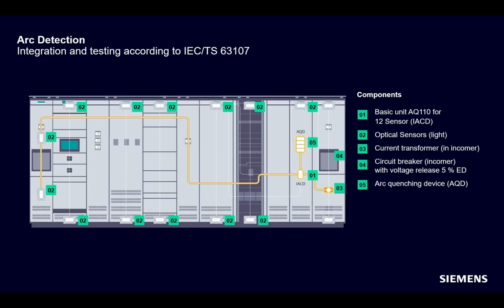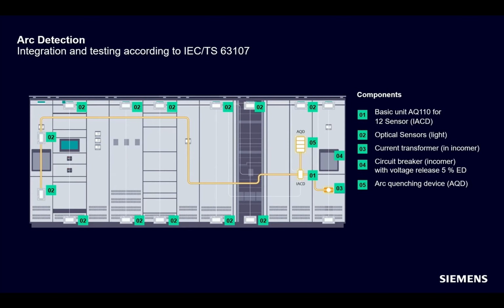In order to avoid false triggering by other bright events, the sensors are precisely matched to the spectrum of an arc fault. And the sensors are also available with different light sensitivities, depending on where the sensor is to be installed. A further safeguard is the use of current transformers in the incoming feeder as an additional triggering criterion.